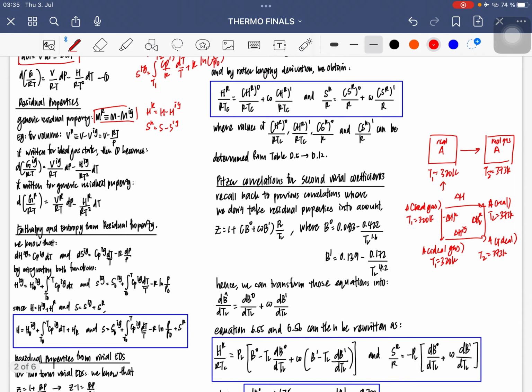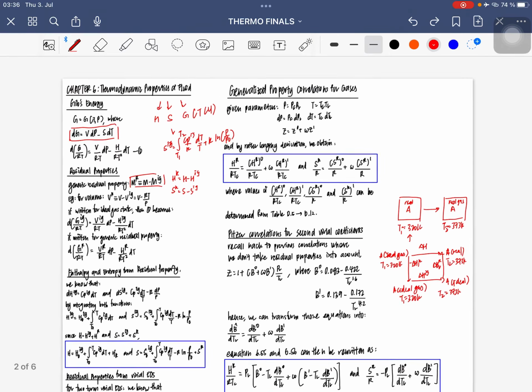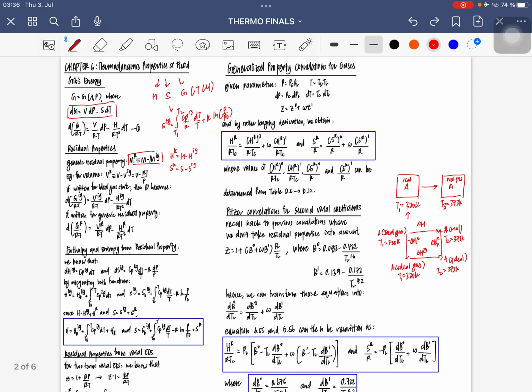So what we do is we have these residual properties from before. How do we want to find the HR? We have two ways: we can use generalized property correlation, or we can use second virial coefficient, depending on the questions, which method they want.